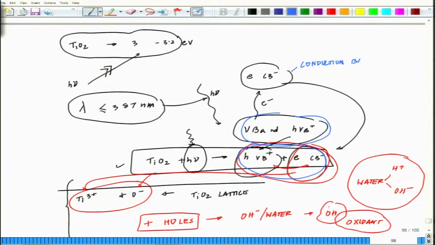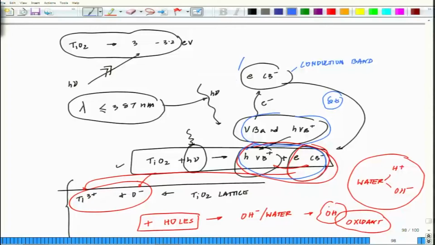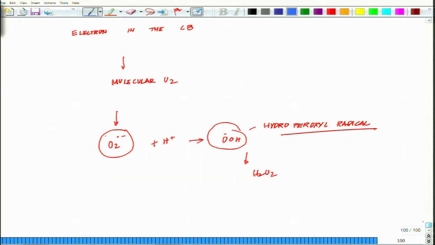These happen for a very small delta t period of time, some femtoseconds, an exceptionally small period of time. Even before something happens, these two recombine, and this is a huge problem of recombination, which is rate limiting.